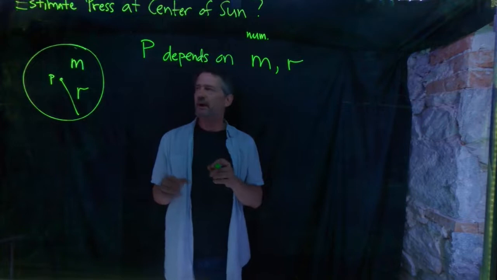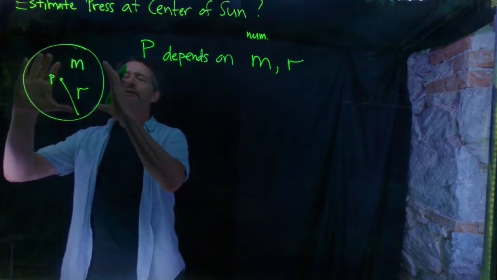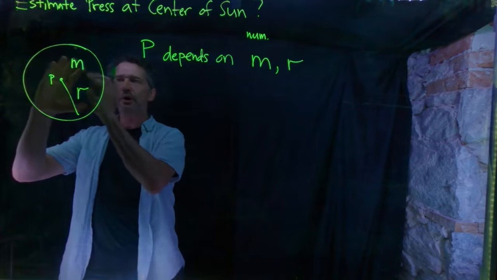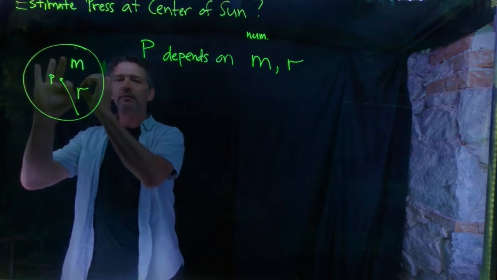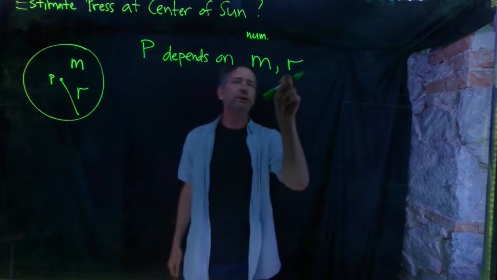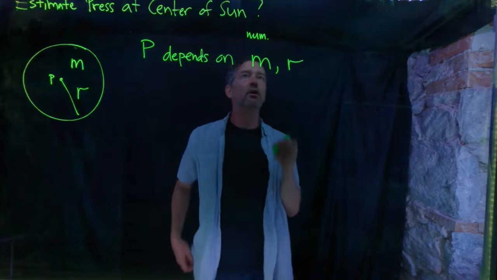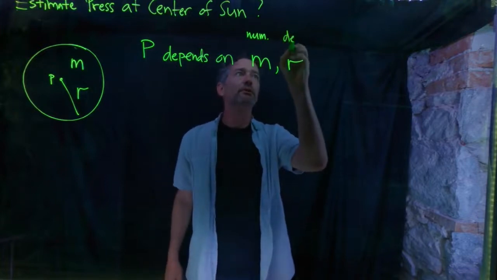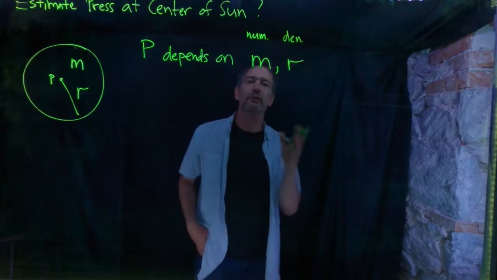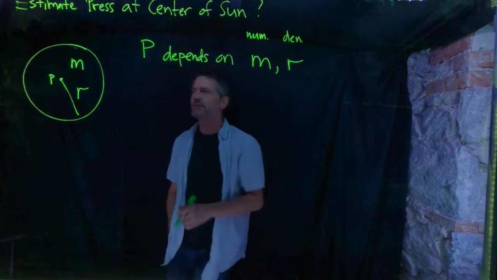If you take the same mass of gas and compress it into a smaller volume, all the particles are closer together, gravitational forces are stronger, and pressure is greater. So you would expect the pressure to increase as the radius decreases, which means R should be in the denominator of your final expression.